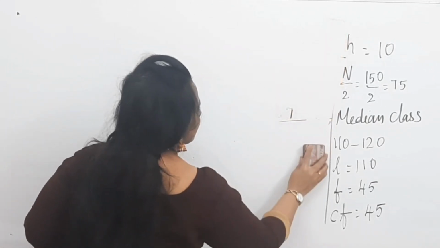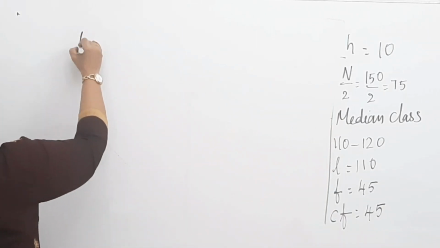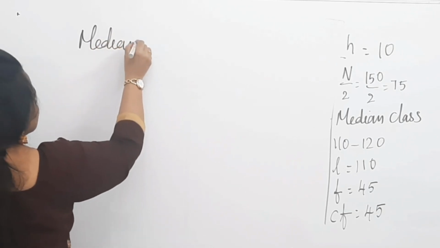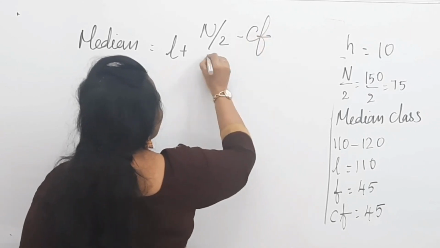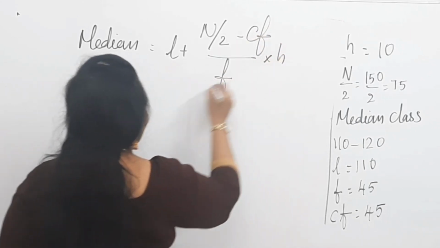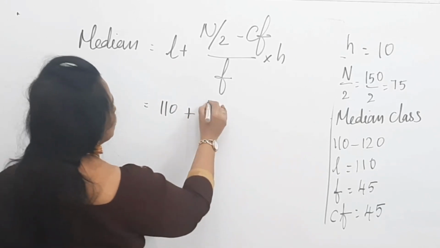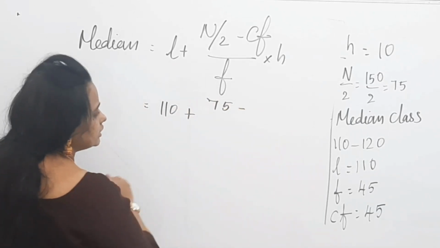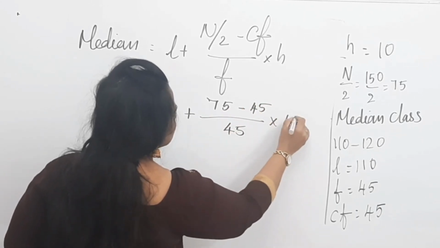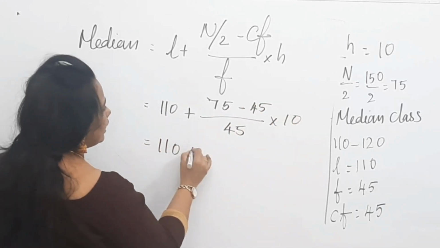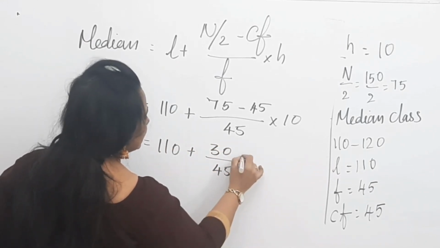So simple, the calculation is, my median is equal to L plus n by 2 minus CF divided by F into H, which is equal to my L is 110 plus n by 2 is 75 minus cumulative frequency is 45 divided by 45 into 10, that's equal to 110 plus 30 divided by 45 into 10.